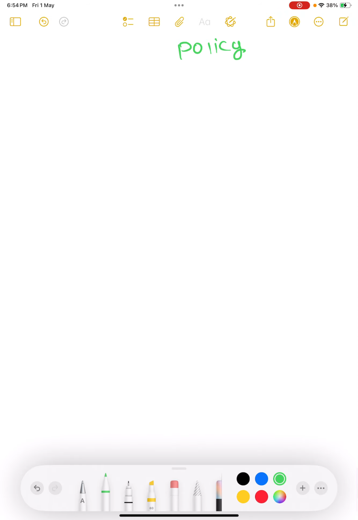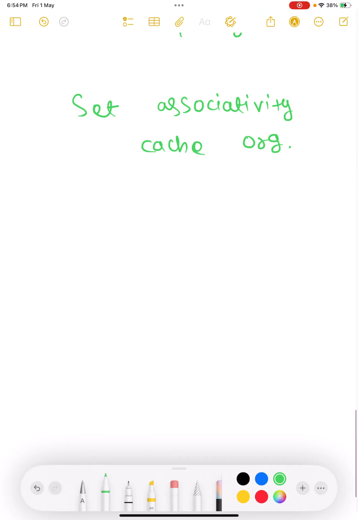Ideally, industry prefers right now a set associativity cache organization. Let me write that the industry right now is working on the set associativity cache organization.